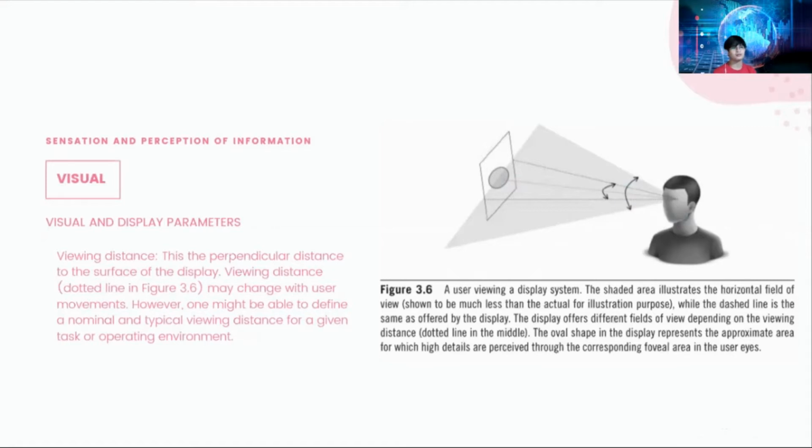So you may have observed, there are times you move closer, right? There are times you also move farther. However, one might be able to define a nominal and typical viewing distance for a given task or operating environment. So there's a viewing distance.